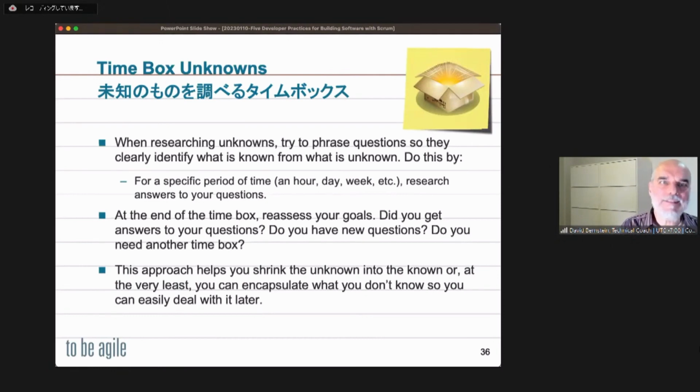And when I get stuck, that's when I create a little time box to research. Okay? This helps me shrink the unknown into the known so that I then figure out what's going on. If I can't figure something out, I can still encapsulate the issue. And if I can hide it behind a good interface or method signature, then I know I can deal with it later without paying a big price.